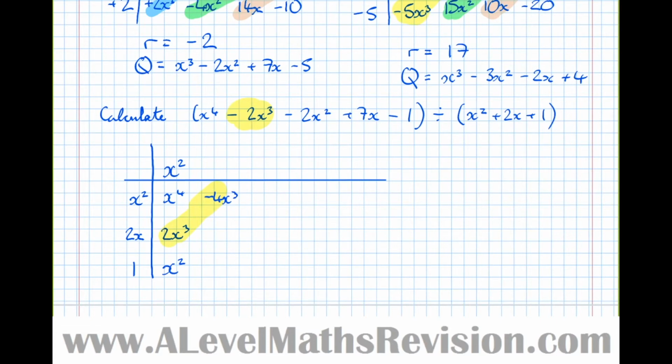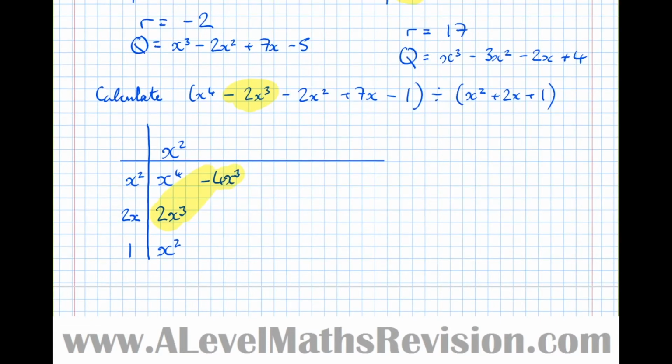What goes here is minus 4x, because x squared times minus 4x is minus 4x cubed. So multiplying down, minus 8x squared and minus 4x.